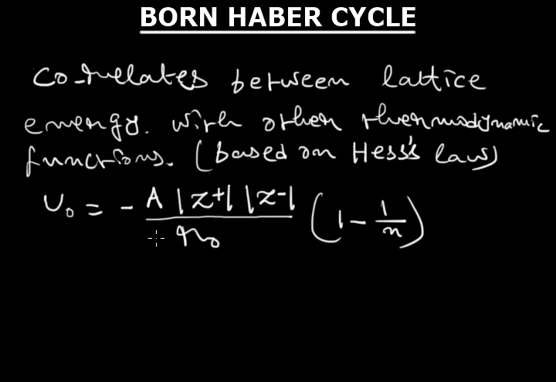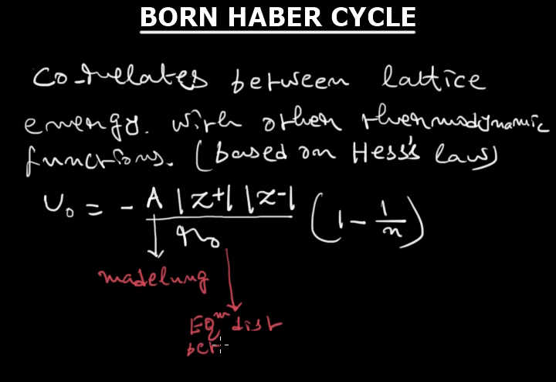Now, this A is called the Madelung constant. It is a constant. R0 is the equilibrium distance between cation and anion.